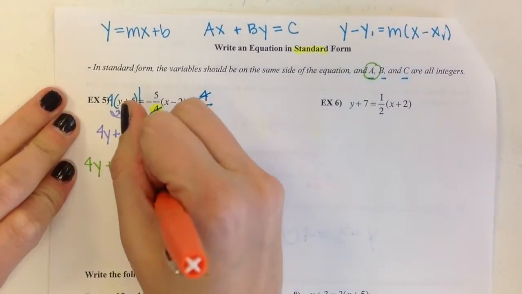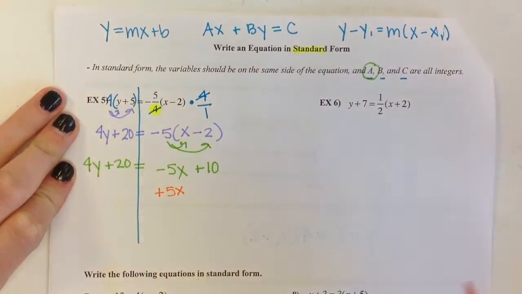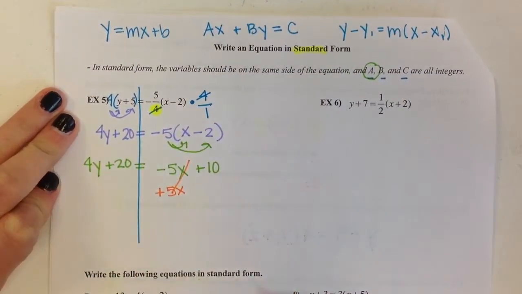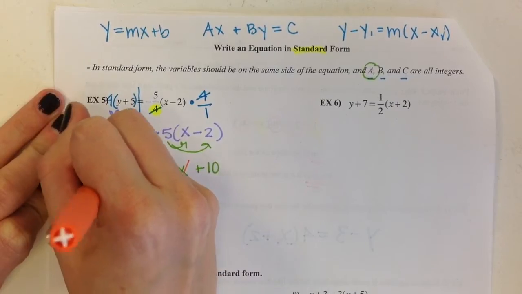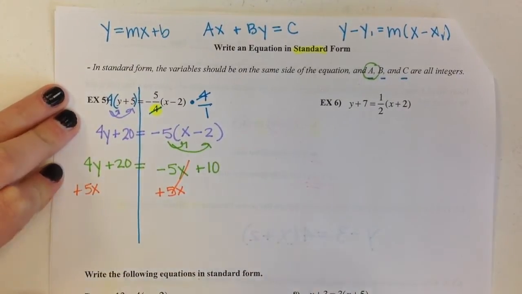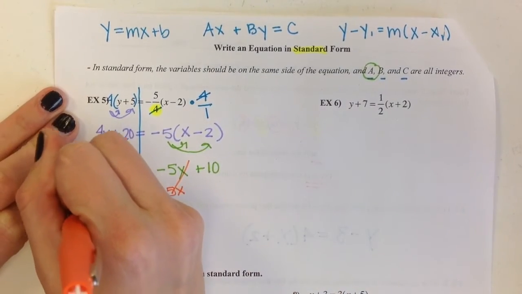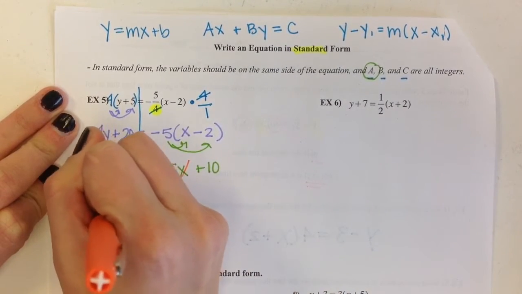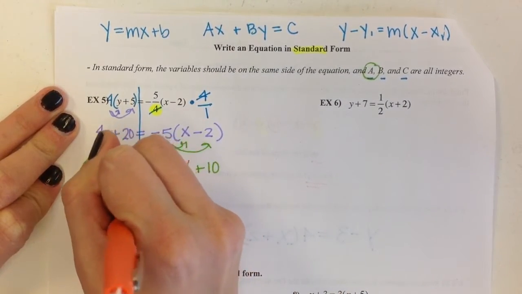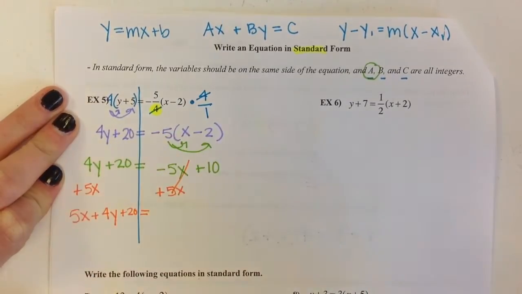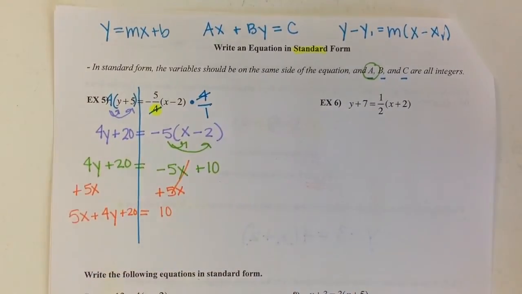If I have minus 5x, I'm going to add 5x. If I do that to the right side, I need to do it to the left side. So I'm going to keep it in order, x, y, and then constant. So we have positive 5x plus 4y plus 20 equals 10. And the last thing that we need to do is get rid of the constant.